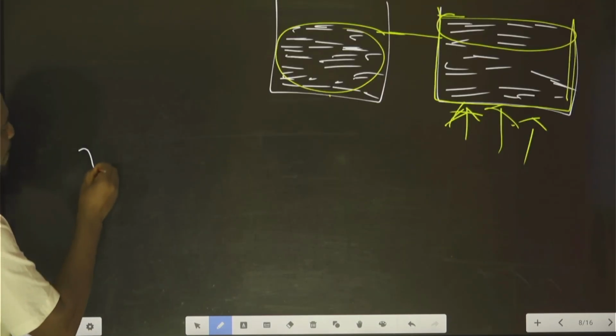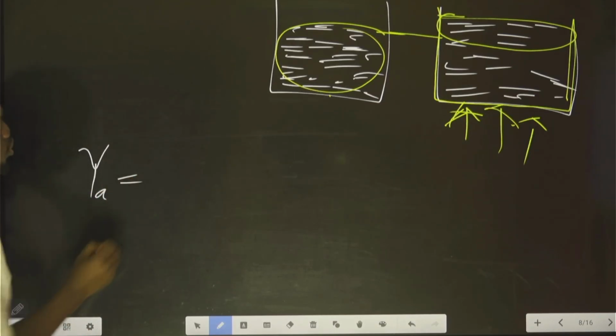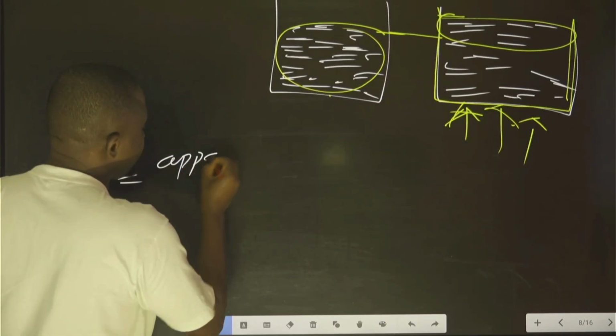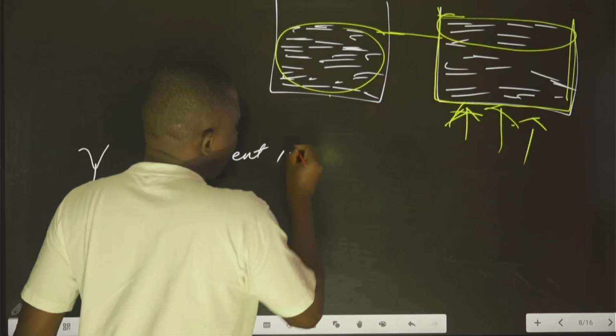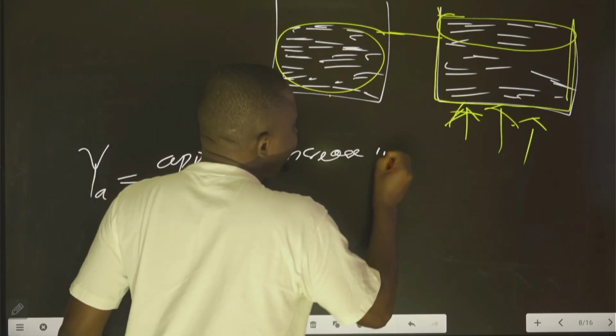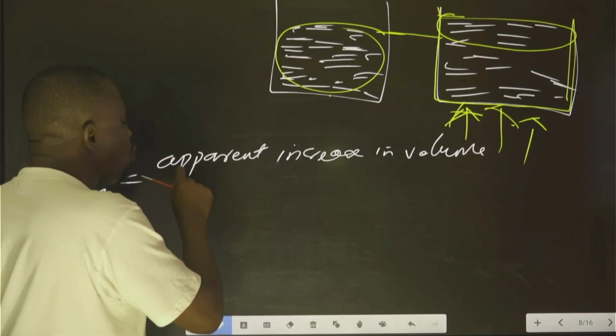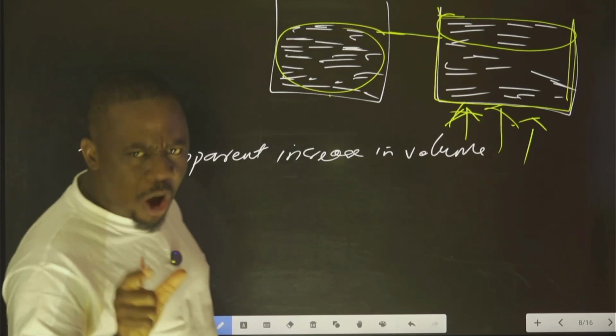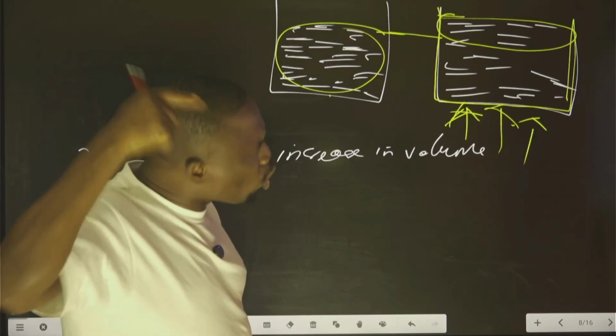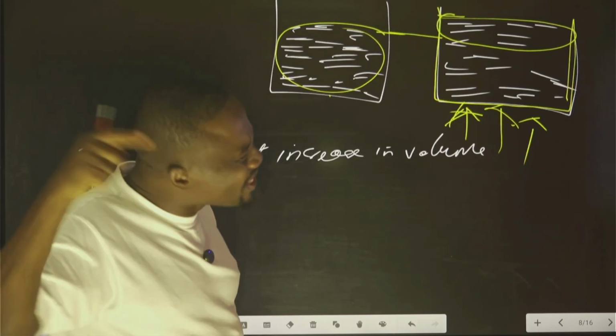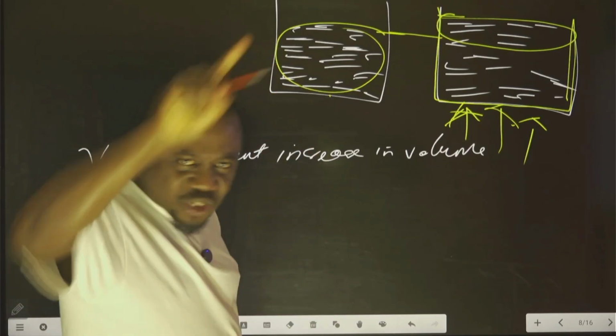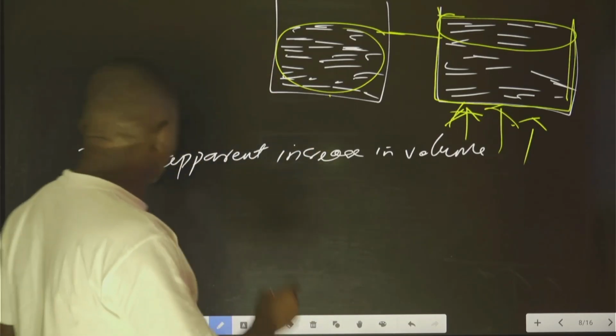Okay? So the apparent linear expansivity is equals to apparent increase in volume. We are using the word apparent because we want to continuously remind you that the vessel is not under consideration. Okay?